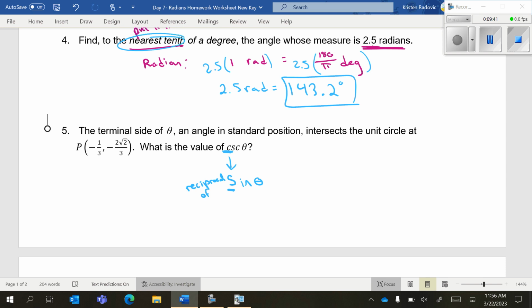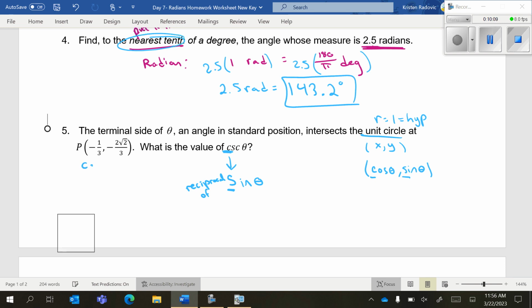Because it says unit circle, and only when it says a unit circle, your radius is 1, which is also your hypotenuse. But they tell you that instead of x comma y, we're going to have cosine comma sine. So the x is your cosine, the y is the sine. And remember, they go in alphabetical order. X comes before y in the alphabet, and c comes before s in the alphabet.